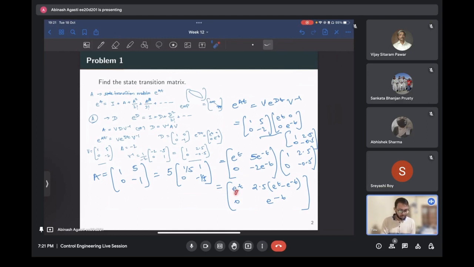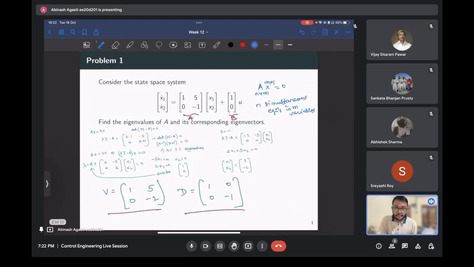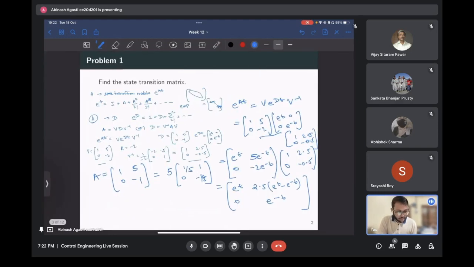Although it is not exactly what you would get from a Jordan block, still, this triangular part is always 0, right? Okay. So what did we want to find out for this question? Given this A, we wanted to find the state transition matrix, e to the power At, and this is that e to the power At. Is it clear till now?